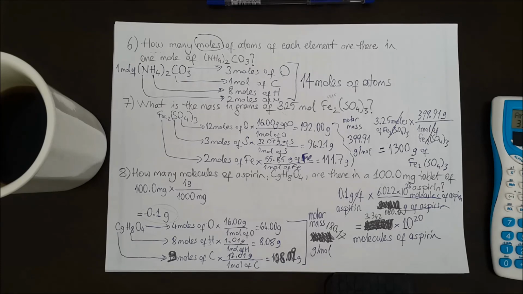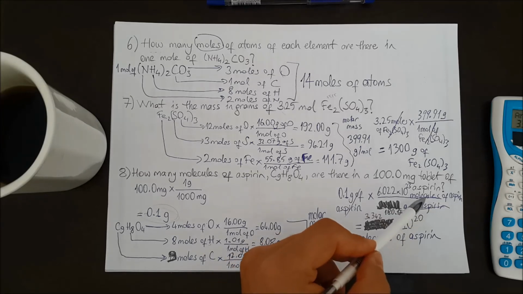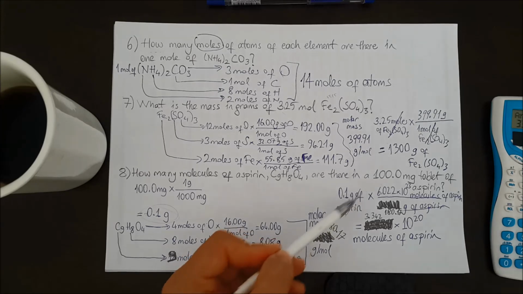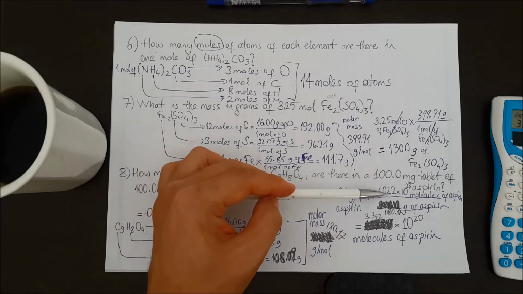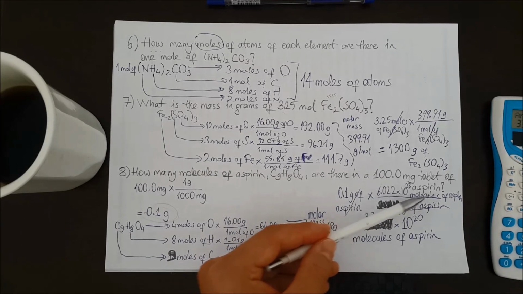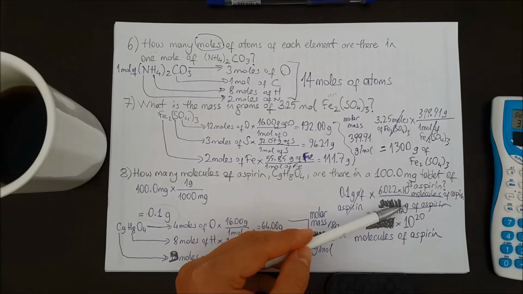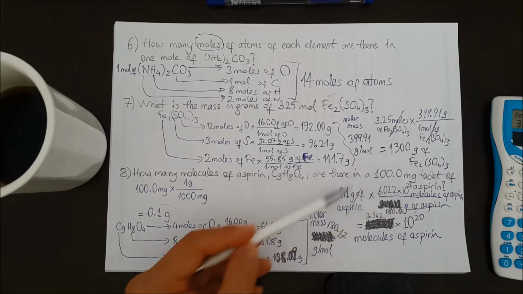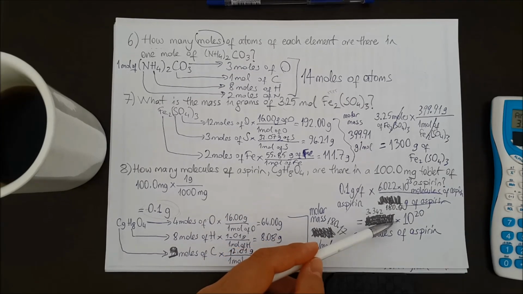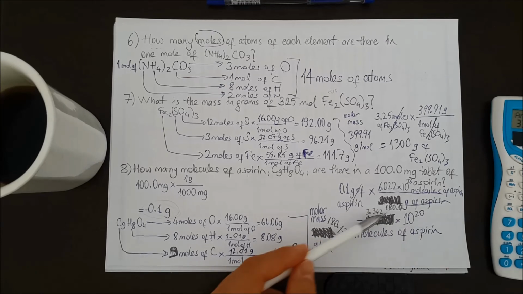Then we are calculating how many molecules of aspirin make 0.1 gram. To do this, we need to apply this calculation. 0.1 gram of aspirin times 6.022 times 10 to the power 23 molecules of aspirin make 180.17 grams of aspirin, and this calculation gives us 3.342 times 10 to the power 23 molecules of aspirin.